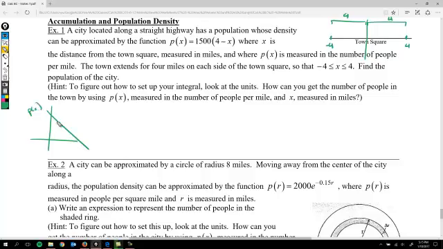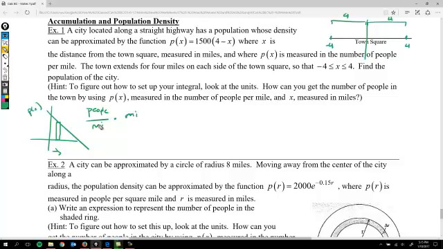If I think about this, each of these cross sections, these areas, they represent something as they go along. My population density represents people per mile, and my x-axis here represents my distance or my miles.